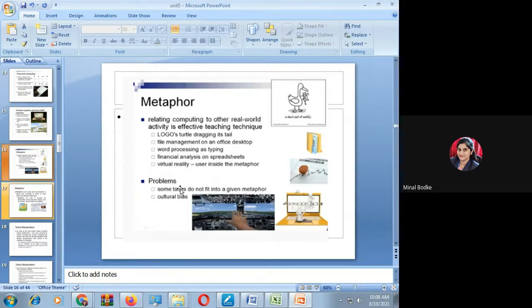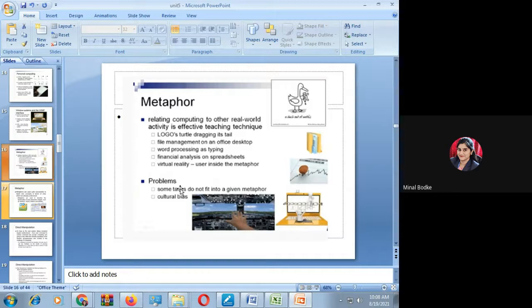For example, I said that the Logo language was used by children to draw drawings. Next is file management on an office desktop. Using metaphor, file management, which was first done manually, can be done in a computerized way. Next, word processing as typing. Then financial analysis or calculation was done on a spreadsheet, in your Excel.